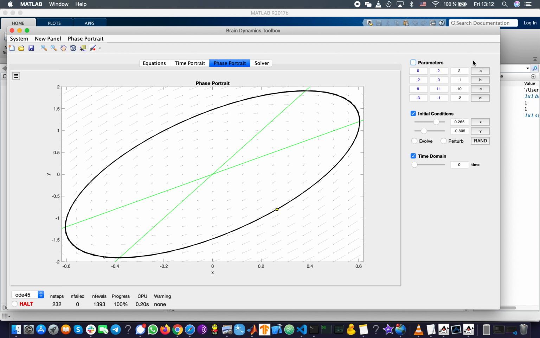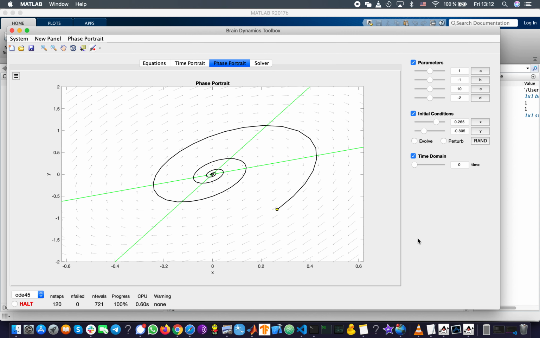Why? Because the trace of your matrix is equal to 0. It means that A is equal to minus D. And if I just change it to, for instance, 1, then it's not valid anymore, and you will see a spiral.